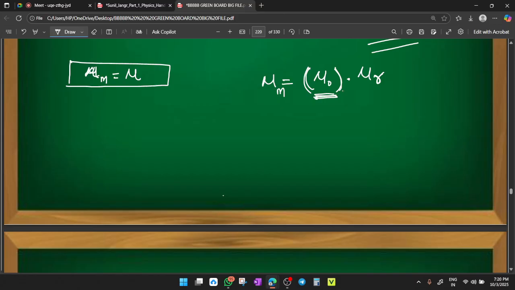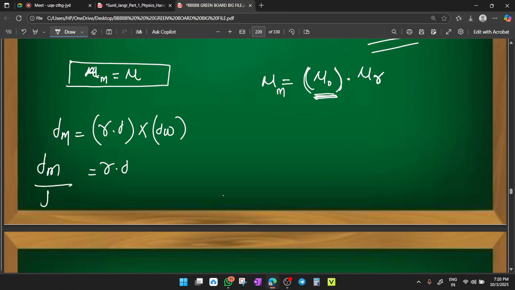Understood? Like if I talk about relative density, the density of any material equals relative density multiplied by density of water. So the formula for relative density equals density of material divided by density of water. Clear?